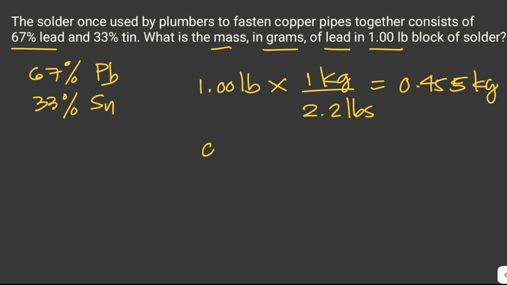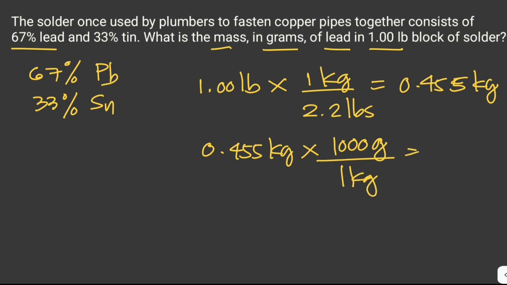And then we convert 0.455 kilogram to grams, and 1 kilogram is just equal to 1000 grams, so we multiply that by 1000. Okay, and then we get 454.55 grams.